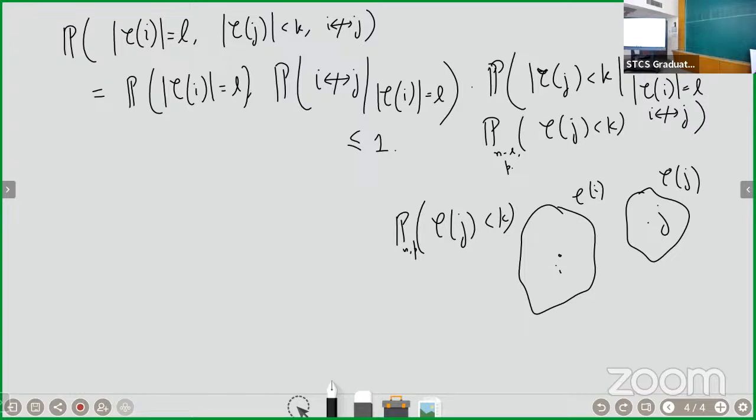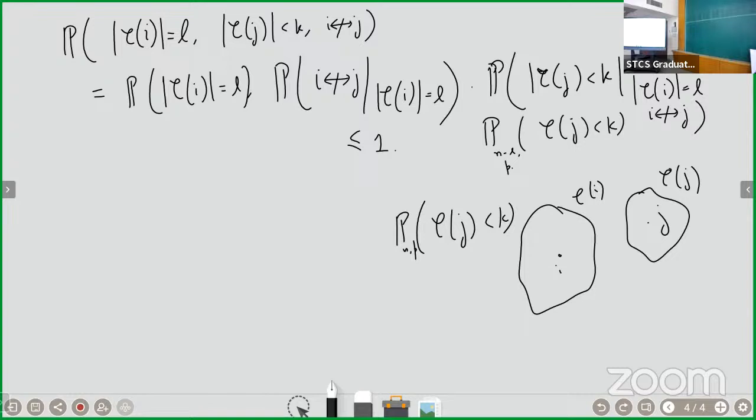So what is the most natural coupling when looking at the Erdos-Renyi graph with n vertices and with n minus l vertices? This is an obvious one. Do you want to consider two graphs with the same nodes but different p's? No, p is the same.